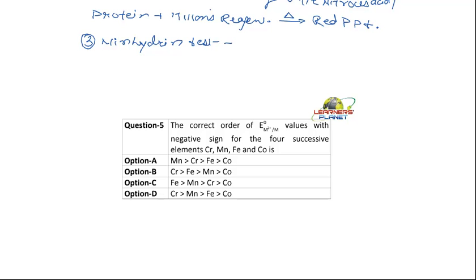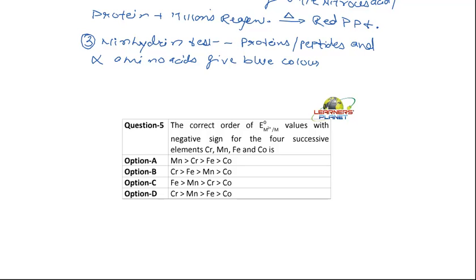Right? So here proteins or peptides containing alpha amino acids give blue color with ninhydrin.